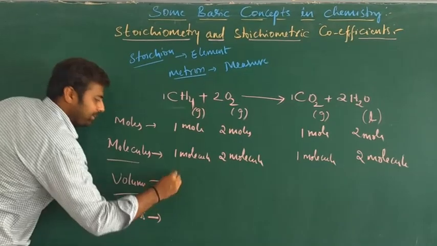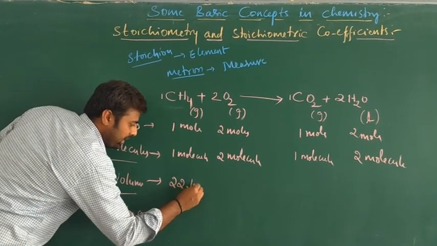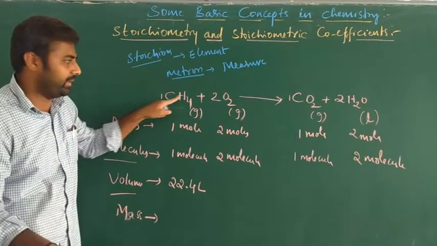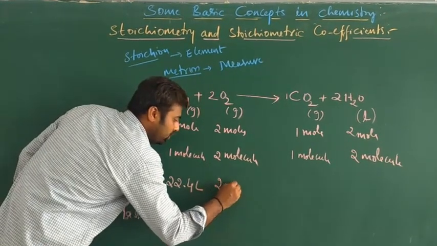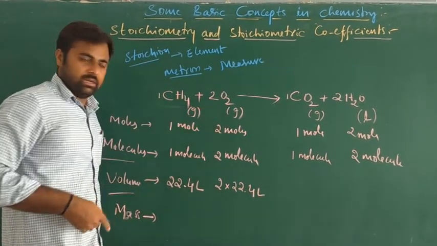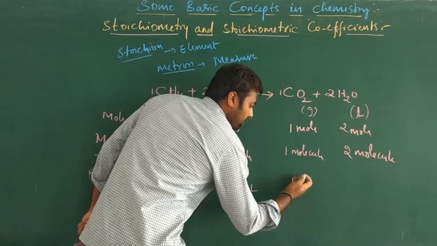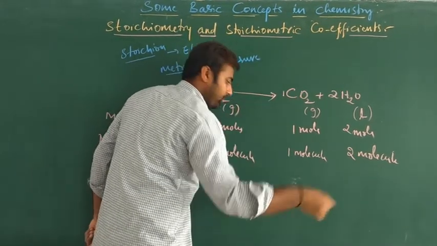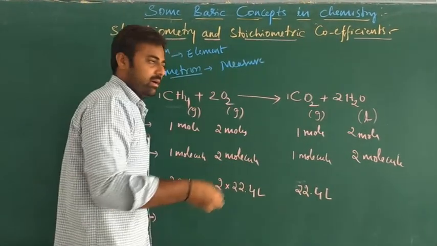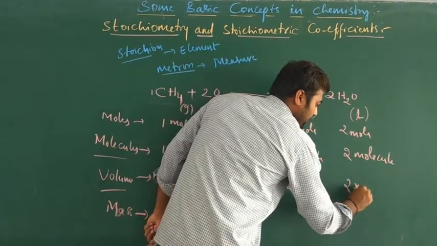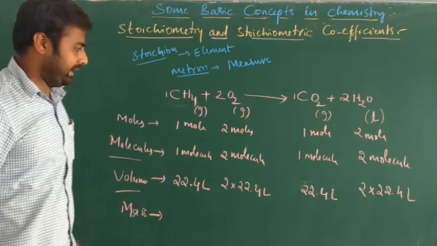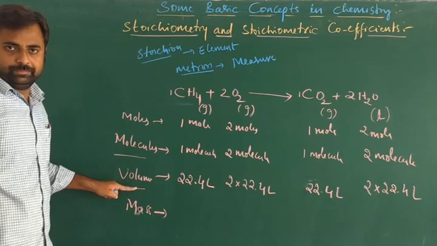So 22.4 liters of methane reacts with 2 into 22.4 liters of oxygen, gives 1 mole of carbon dioxide, which occupies 22.4 liters of carbon dioxide, and 2 into 22.4 liters of water will be obtained according to this volume.